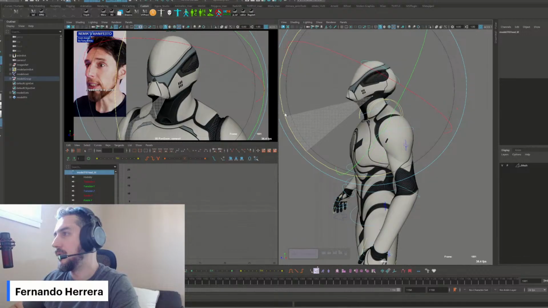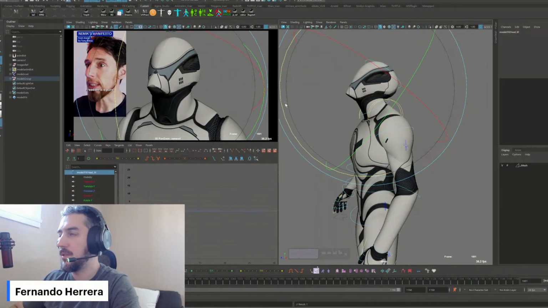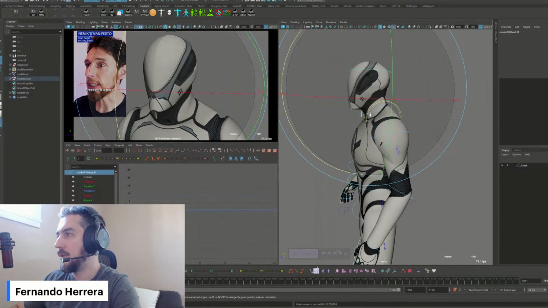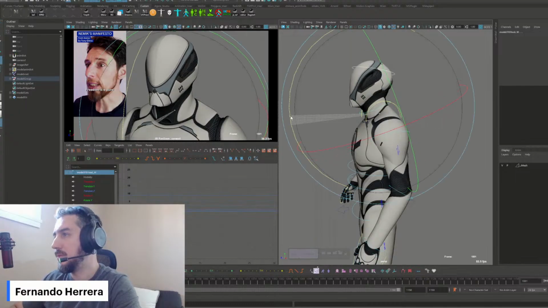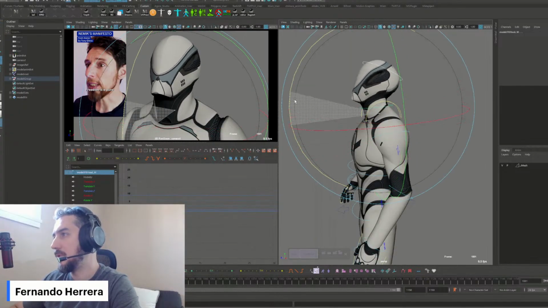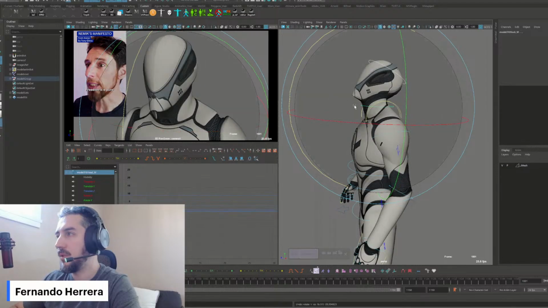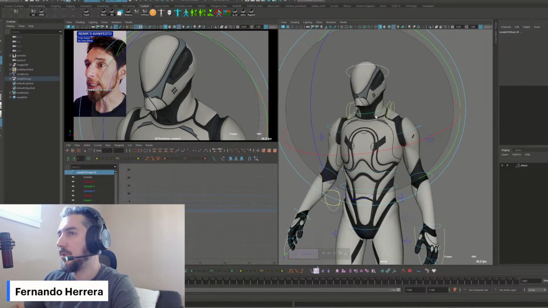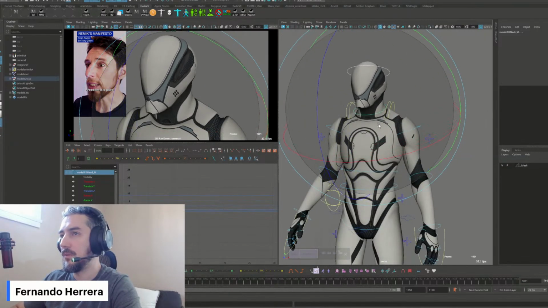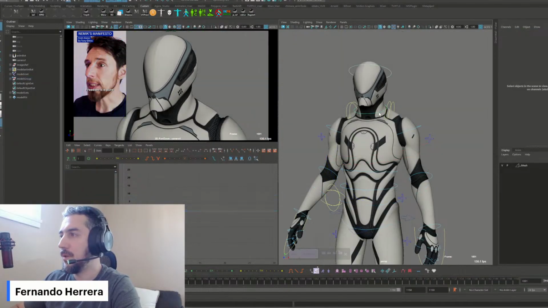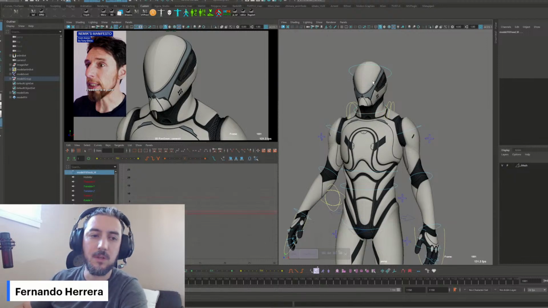This is okay because it's well rigged, but this should be a bit more precise. I can even rotate both controls together. For the most part, this could even work as a first pass. But anyway, I'll just keep in mind, sometimes I'm gonna be using both together.